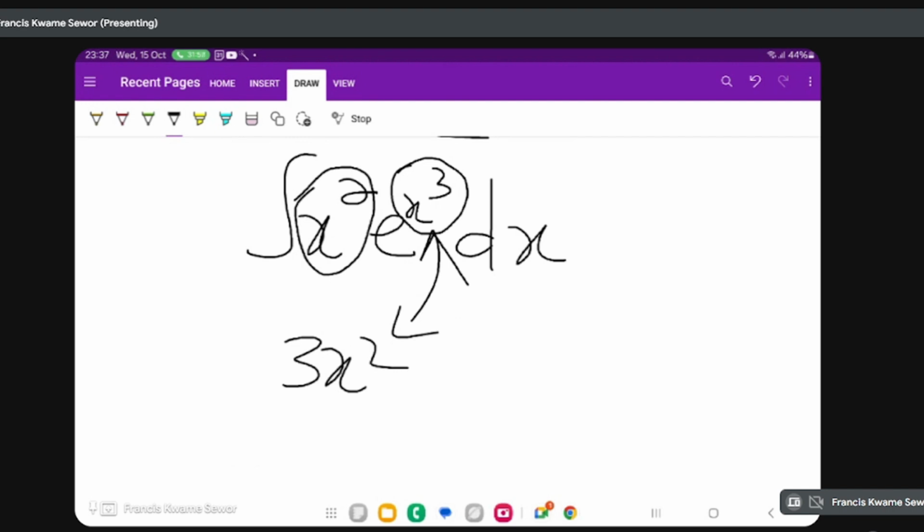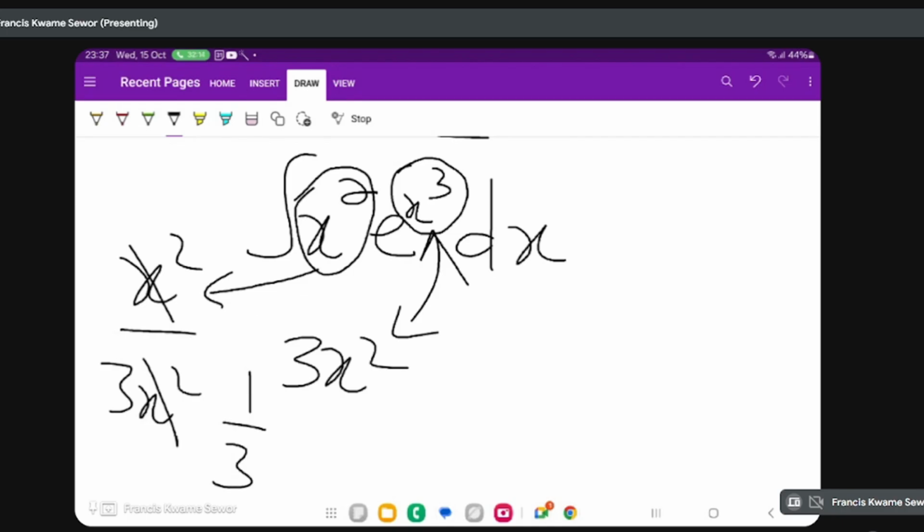Whatever you differentiate, make sure that it can cancel the other function. So you have x squared, which is here, divided by 3x squared. This will cancel, and it will be left with 1 over 3. So it's now a constant. That's how to do substitution.